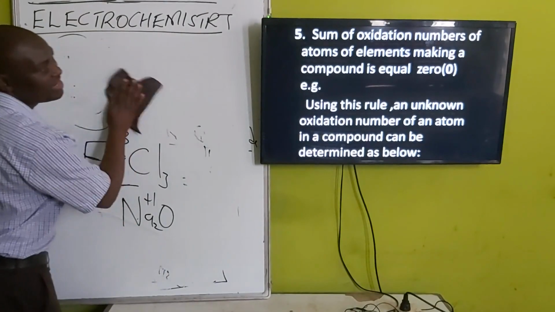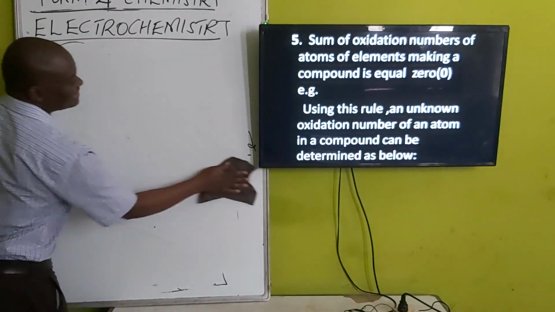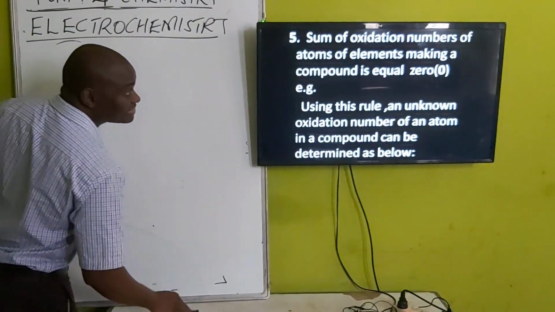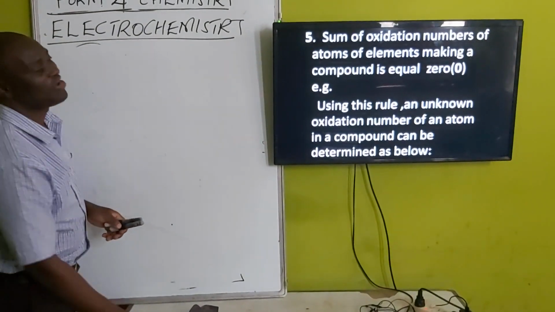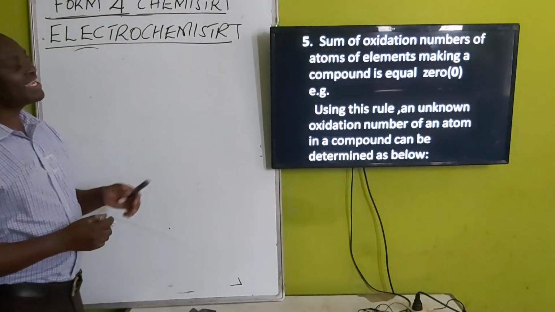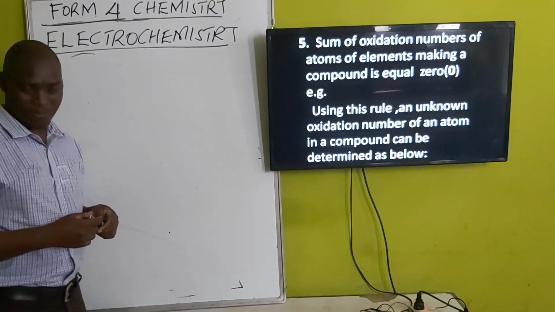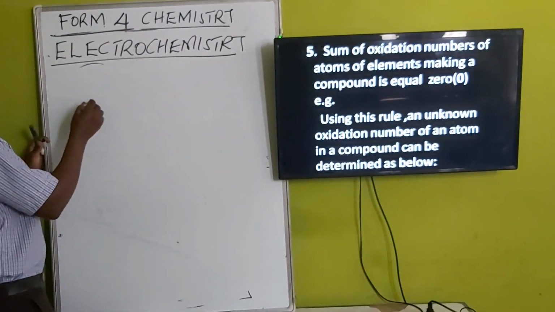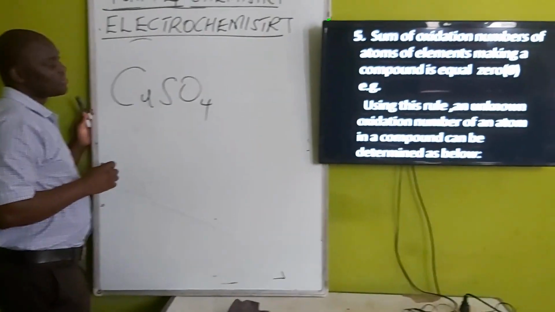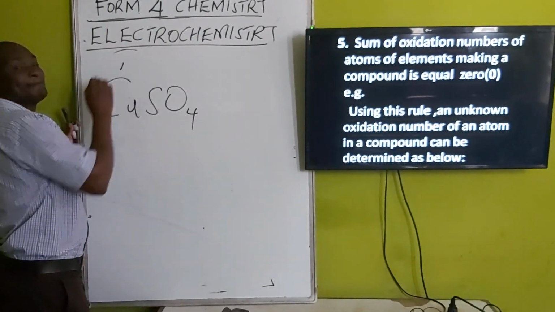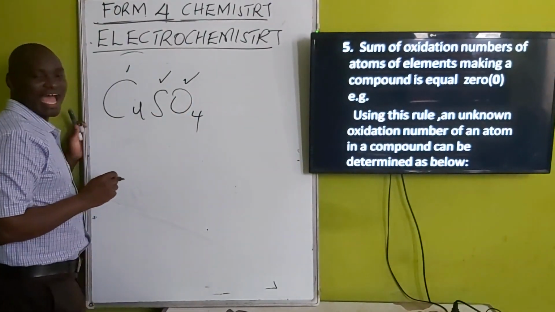So in that fifth rule, the sum of oxidation numbers of atoms of elements making a compound is equal to 0. The sum, meaning if I have copper 2 sulfate, copper 2 sulfate is made up of copper, sulfur, and 4 oxygen atoms.